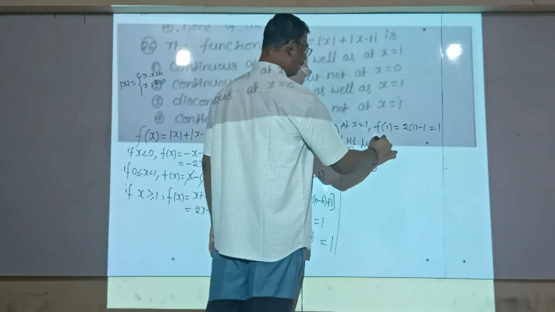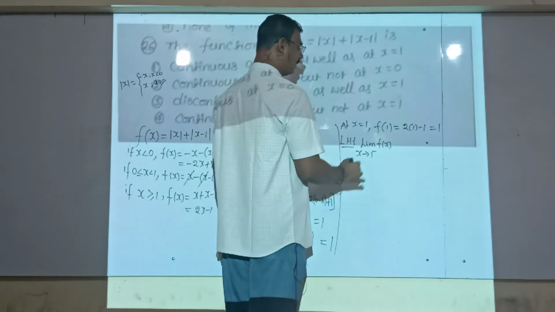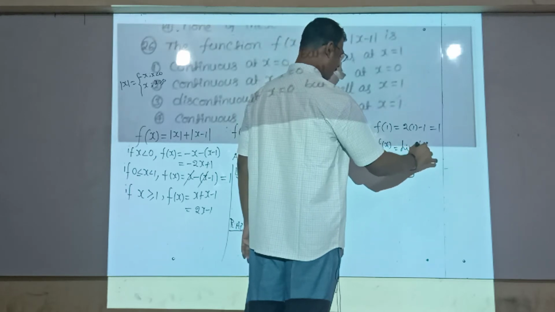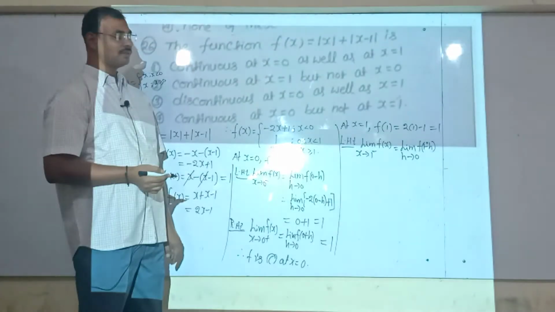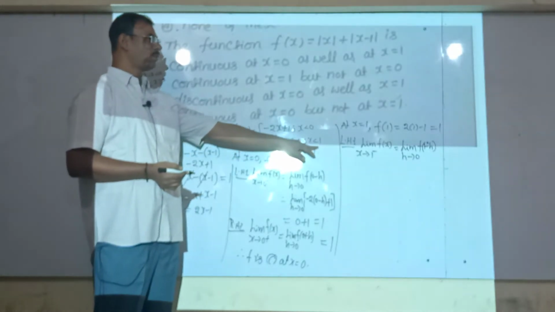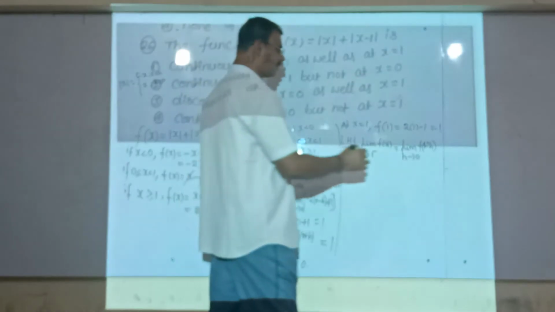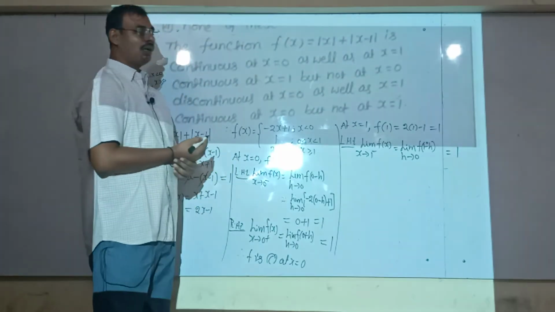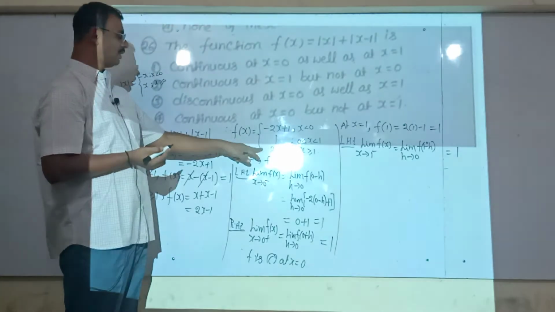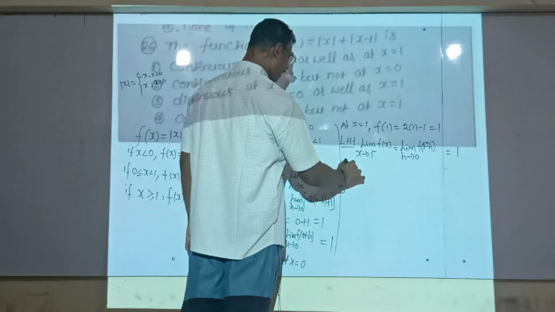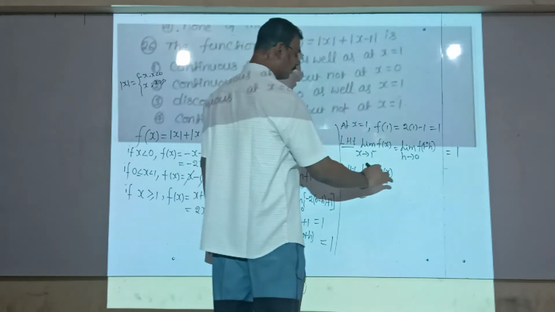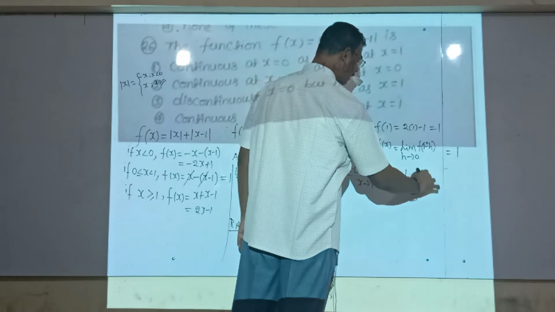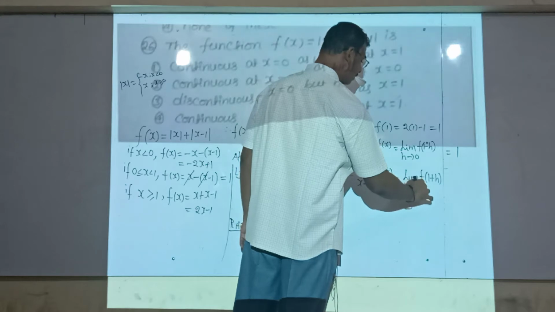Limit of f of x as x tends to 1 minus, I could have right limit of f of 1 minus h, of f of 1 plus h as h tends to 0.